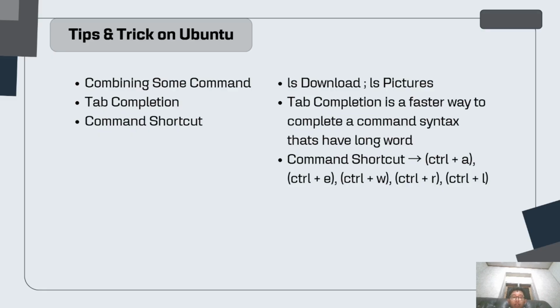Ctrl+W is to delete a specific word, Ctrl+R shows the history of the syntax that you have already run, and Ctrl+L is used to clear the command line interface.